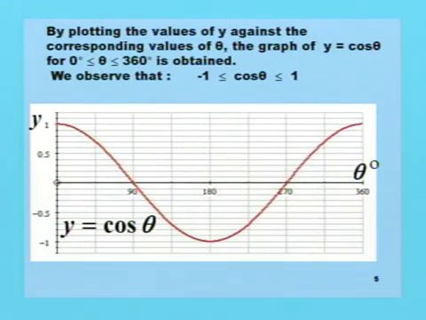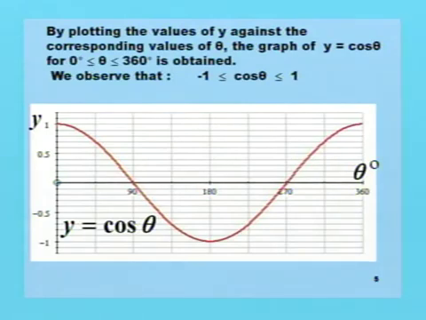So, we turn up, we cross the theta axis at 270, which is saying that the cosine of 270 degrees is equal to 0, and we continue with our graph climbing up to a maximum of 1 at 360 degrees.